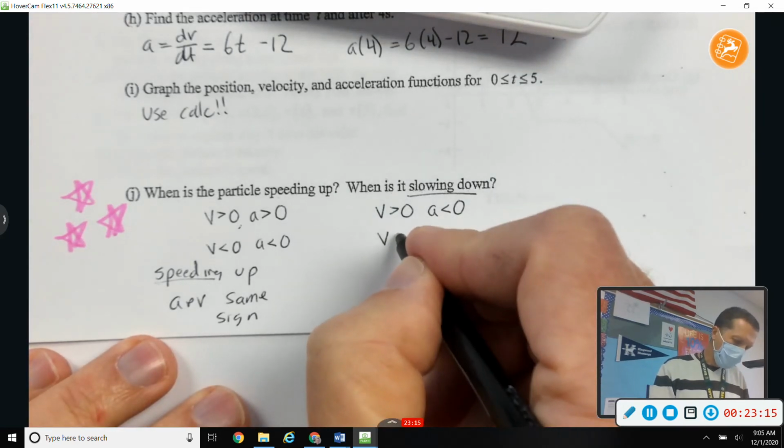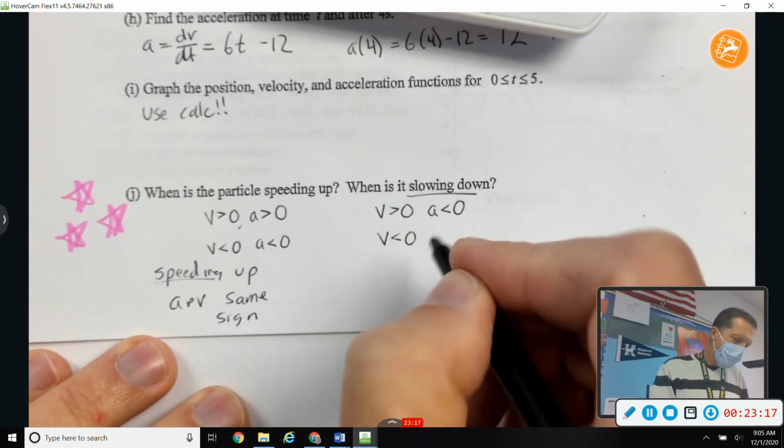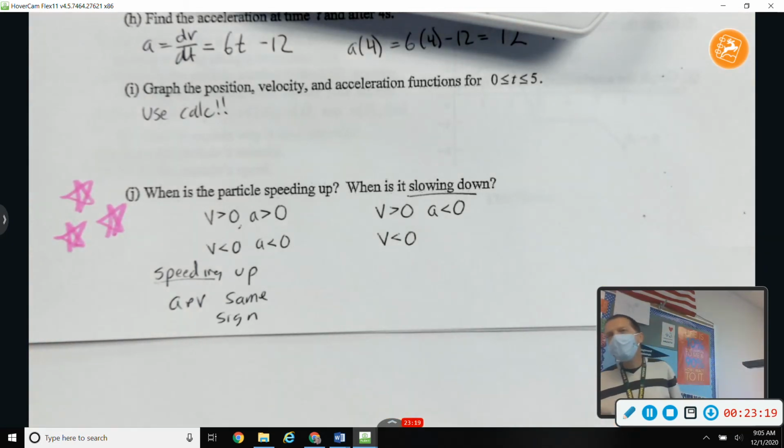Now here's the weird one. If your velocity is negative, so you're in reverse, you're backing out of your driveway, you reach the end of the driveway, and you don't want to accelerate into your neighbor across the street's yard, so you press the brake to slow down. That's what slowing down is.